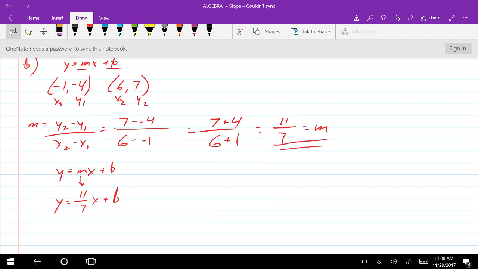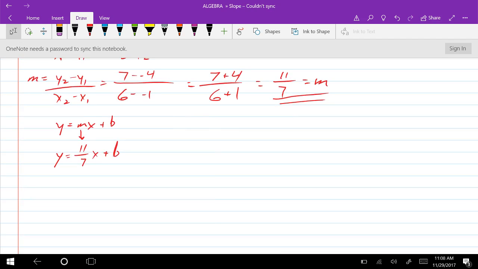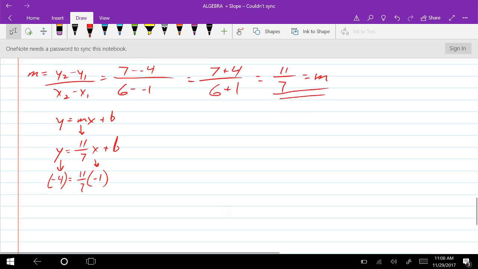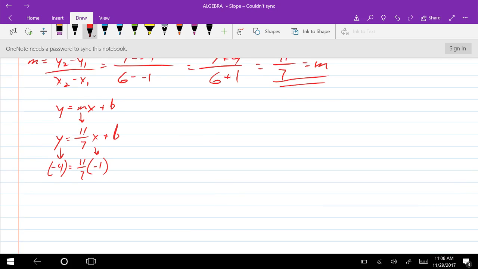You can also use (6, 7). It really doesn't matter. -1 is going to be plugged in for x. -4 is going to be plugged in for y. Therefore, -1 times 11/7 is -11/7 plus b. Still have -4.